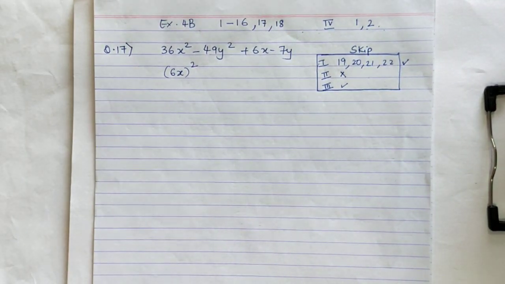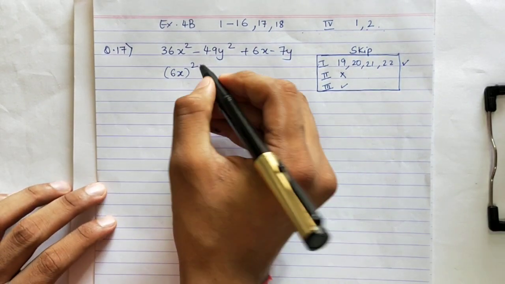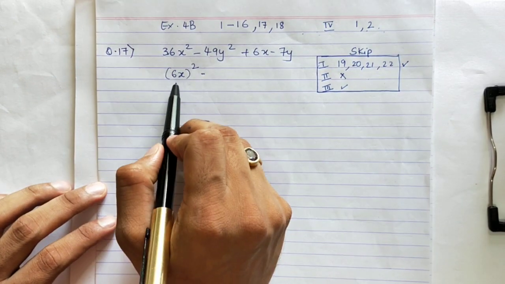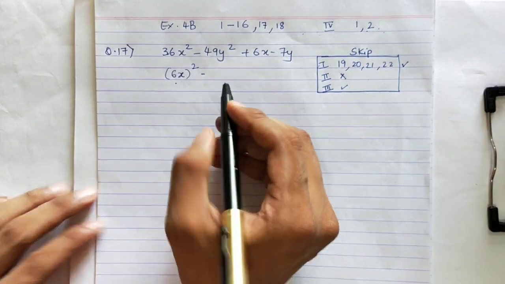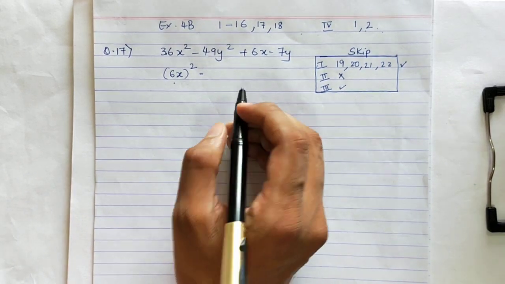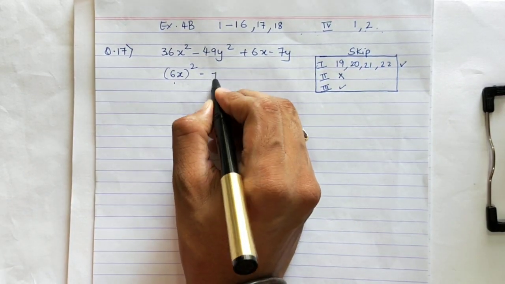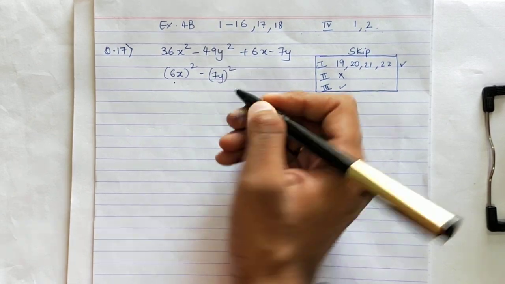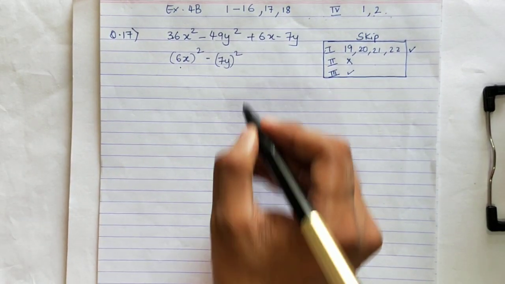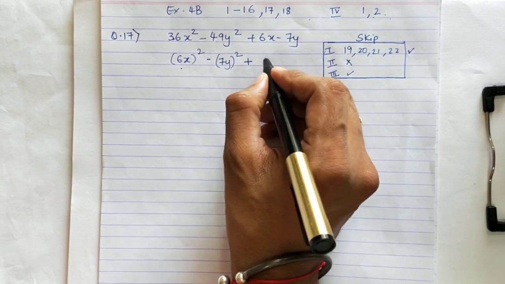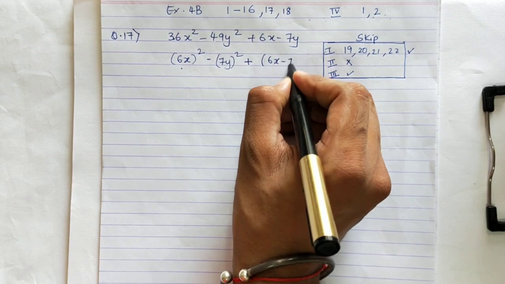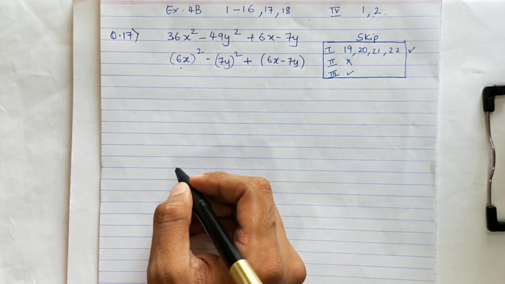Correct? Minus, because 36 is 6 square and x square can be written as x, 49y square can be written as 7y the whole square. Okay, plus this I'll just write in brackets 6x minus 7y.